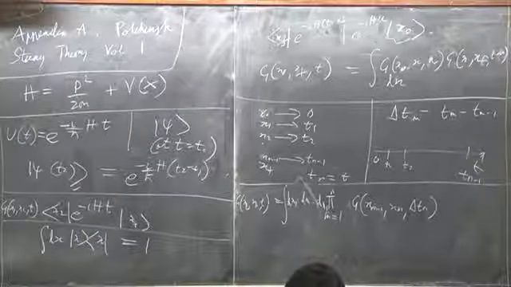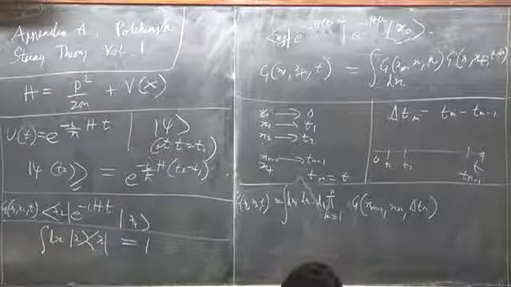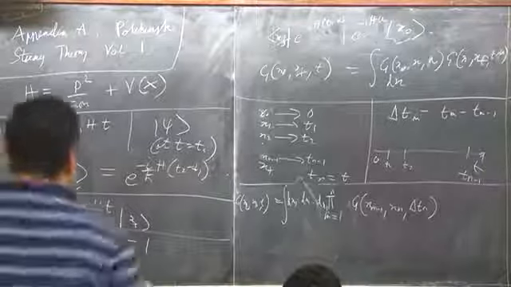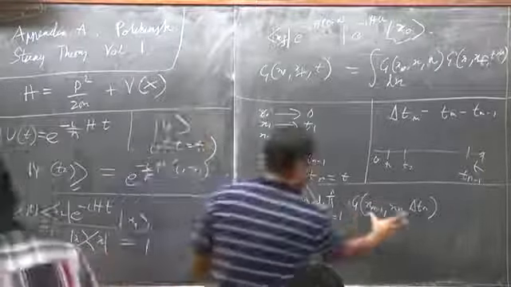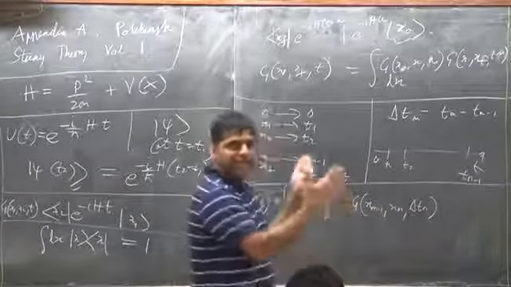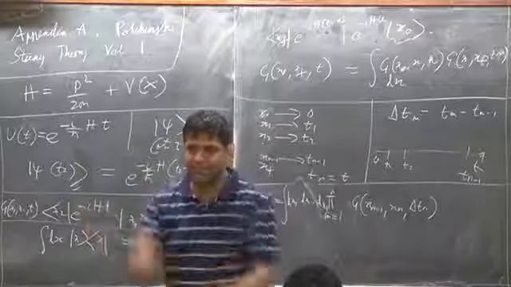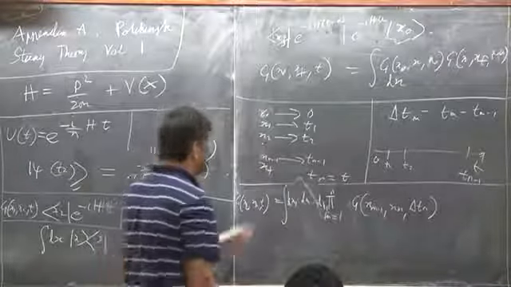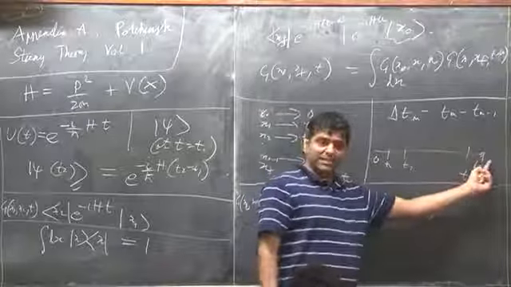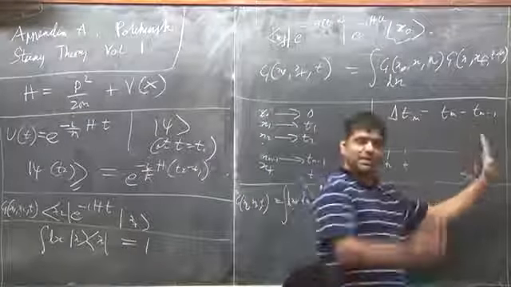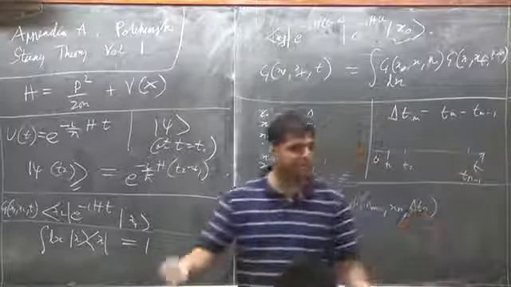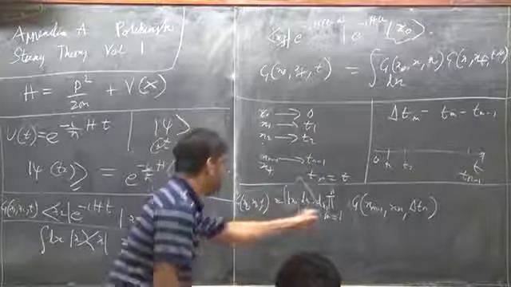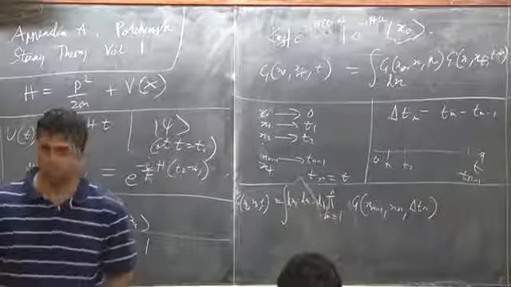So what we have is a product of n factors of evolution, because we've broken up the time interval into n little subintervals. But because we've broken it up into n little subintervals, there are n minus 1 intermediate positions. And we have to integrate over those intermediate positions.